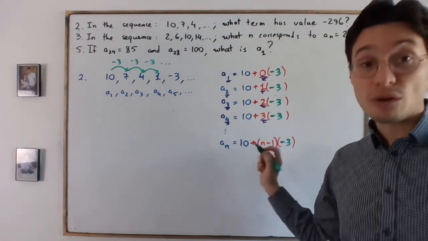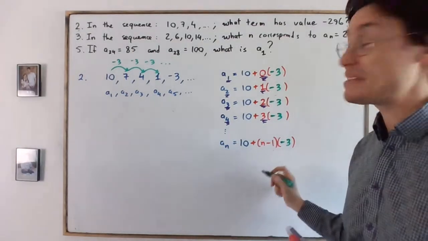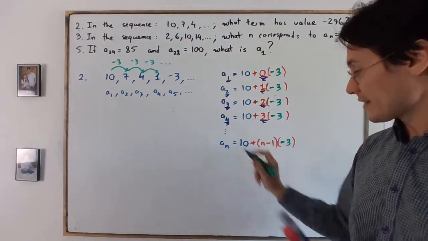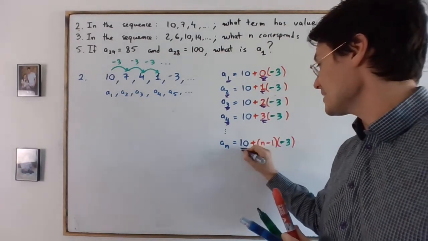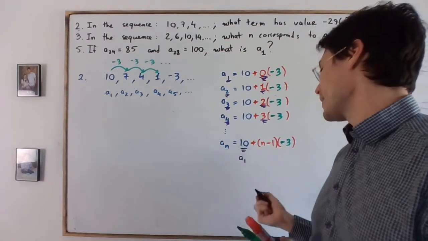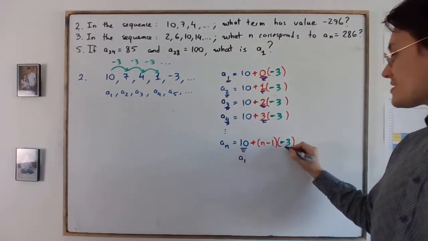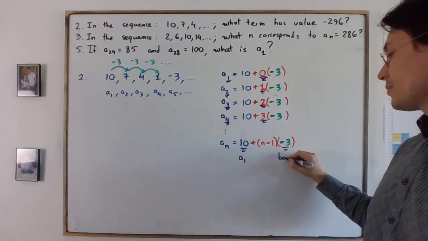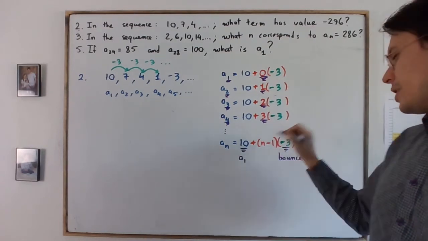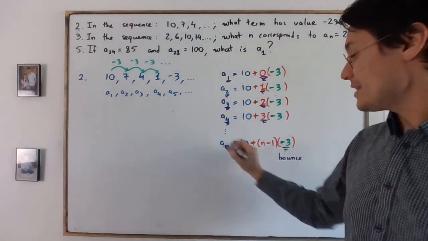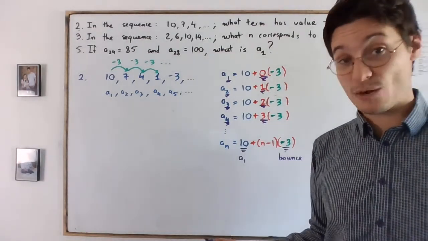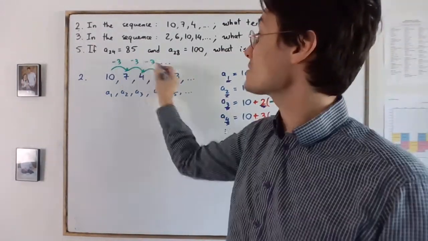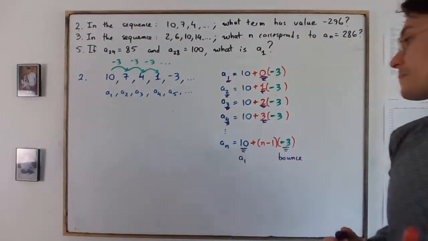This is the general setup. So for an arithmetic sequence, you will always start with A1, which you probably recognize here, and this is the bounce, a constant bounce. And this formula will always give you the formula for an arithmetic sequence, a sequence for which the bounce is constant.